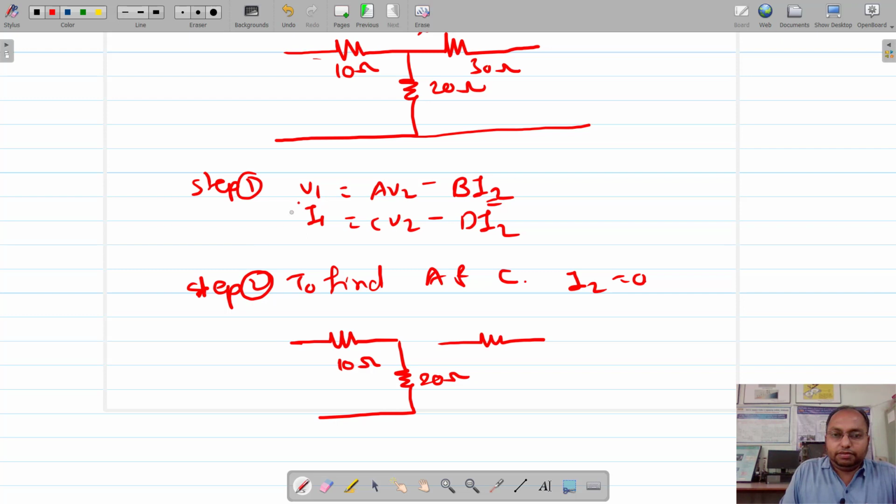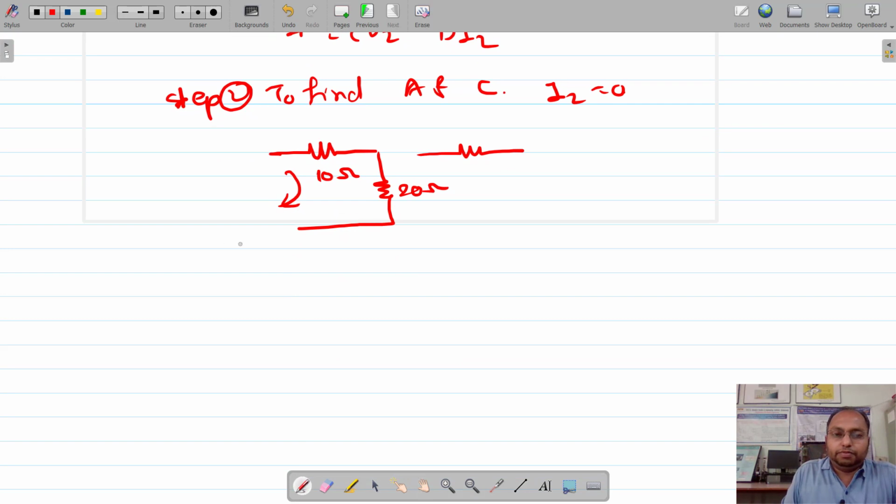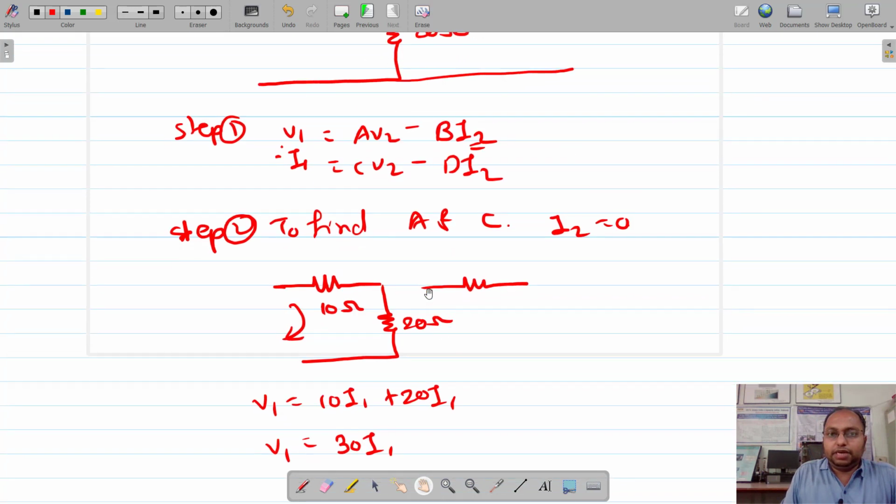Great. Then go for applying KVL. Applying KVL to this circuit, V1 equals 10 I1 plus 20 I1, therefore it is 30 I1. But what is A? A is the ratio of V1 to V2. We have found V1. Now let us find V2.